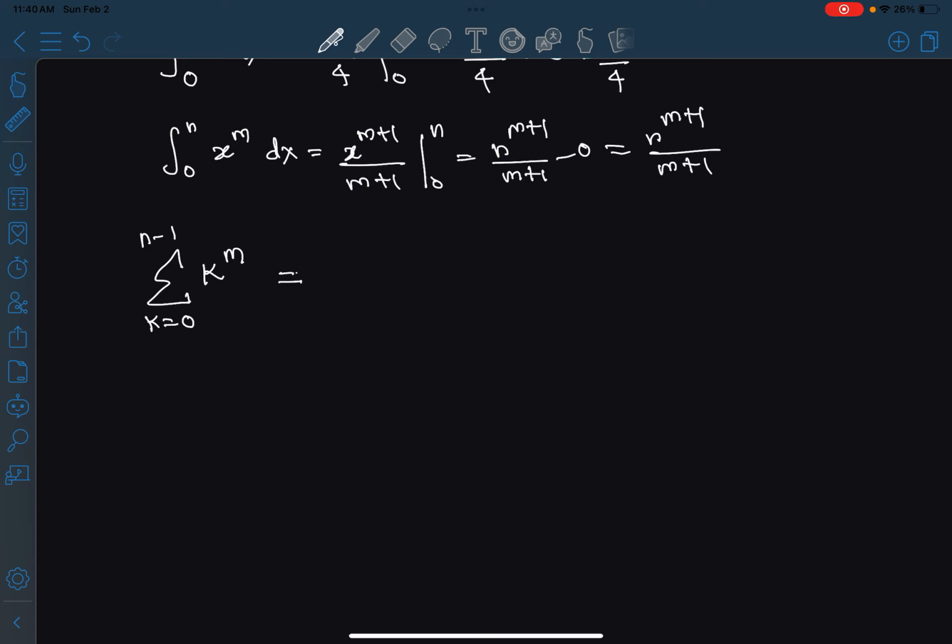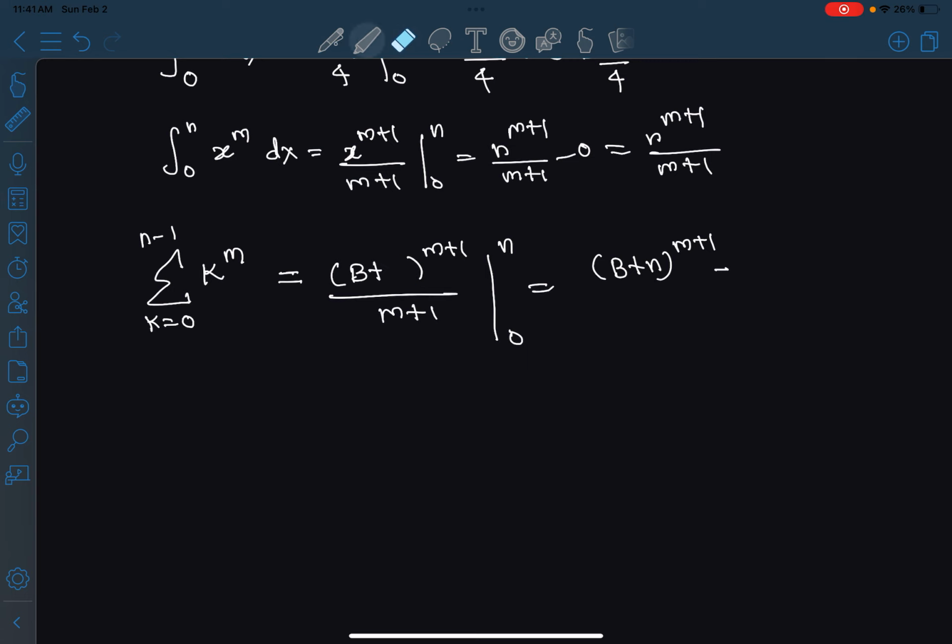So this will basically be the same expression just like the integral: B plus x to the power m plus 1 by m plus 1. And in this case, even though the sum is from 0 to n minus 1, the limits will be from 0 to n. And this will basically be B plus n to the power m plus 1, minus, over here, I'm sorry for writing x.